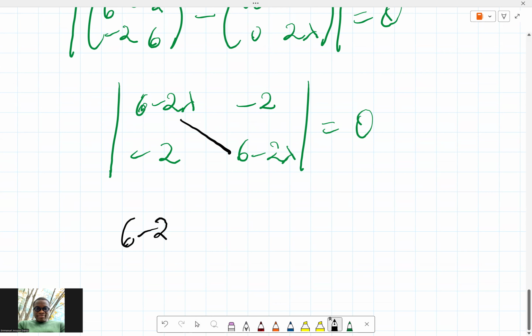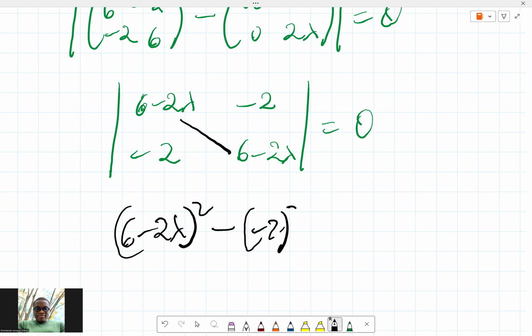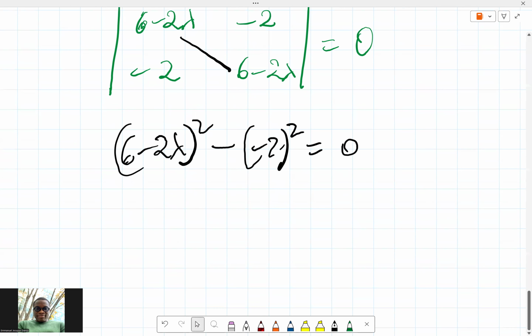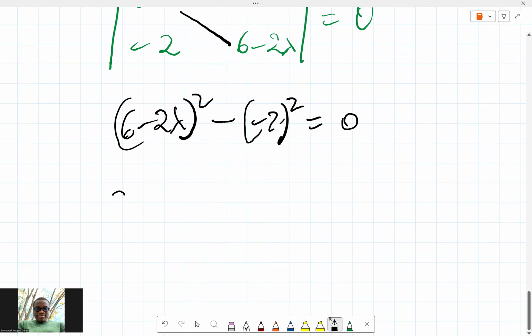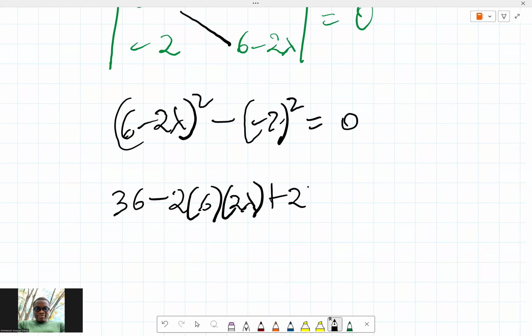So as usual, we multiply this. That's (6 minus 2 lambda) squared minus 2 squared, and that is equal to 0. If you square this, with fast mental math tricks, 6 squared minus 2 times 6 times 2 lambda plus (2 lambda) squared, minus 4 equals 0.